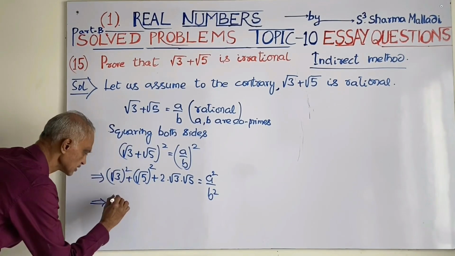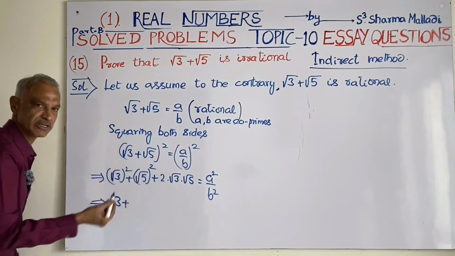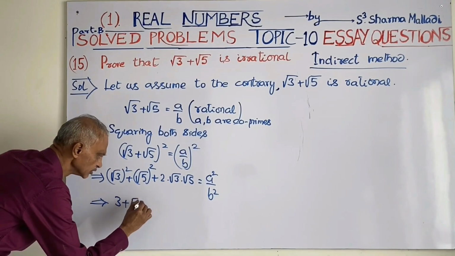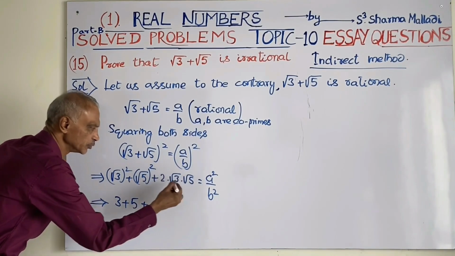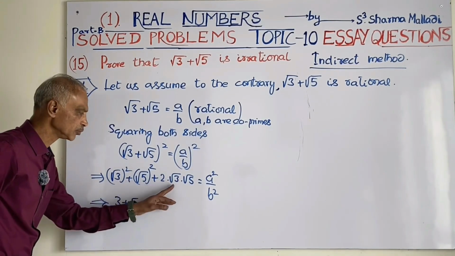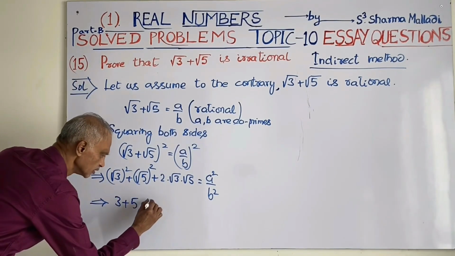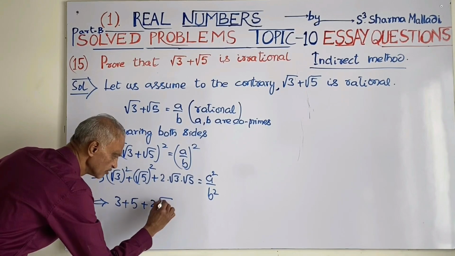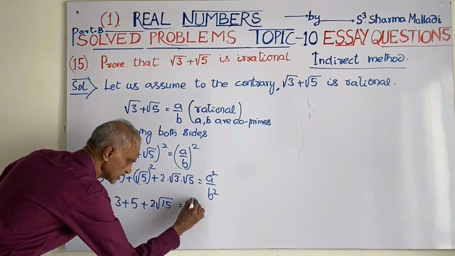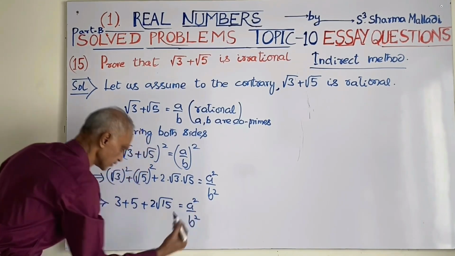Root 3 whole square means 3. Root 5 whole square means 5, plus 2 into root 3 into root 5. Root a into root b can be written as root ab, means 2 root 15 is equal to a square by b square.